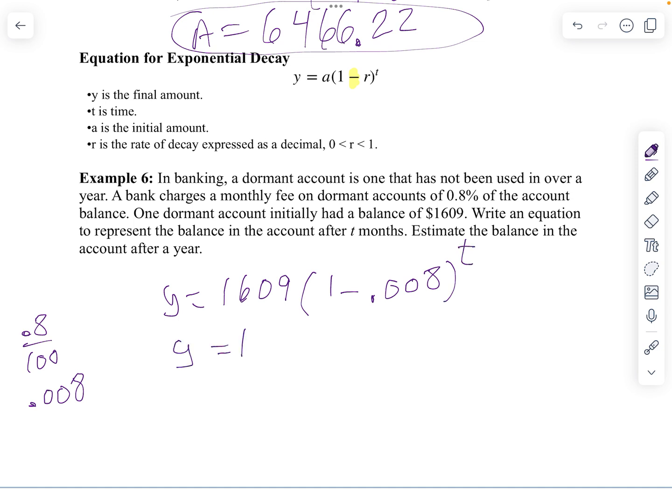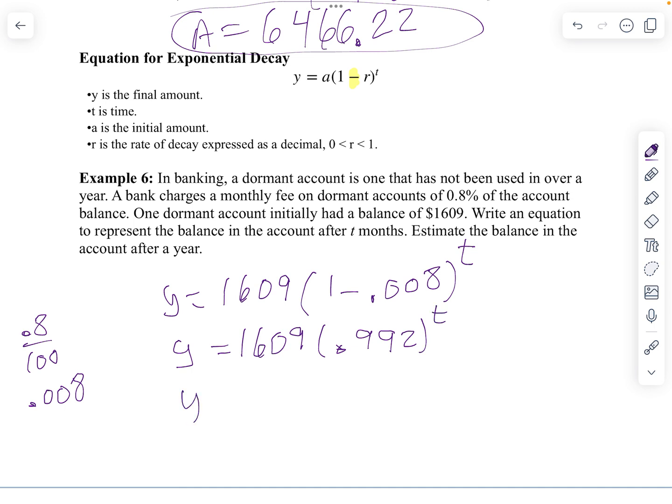So I can simplify that a little bit. It's 1,609 times, if I take 1 minus 0.008, it's 0.992. I'm going to raise that to the t power.